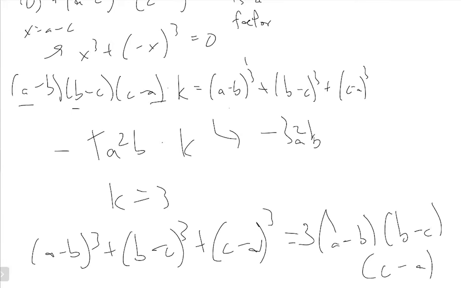You can find the term of B squared C, any term of that form. But the general idea is you find that K is equal to 3.